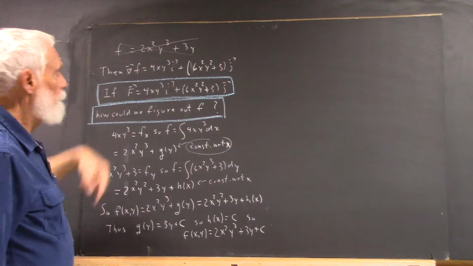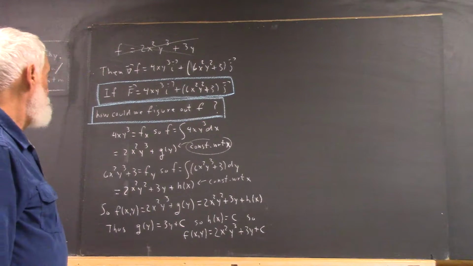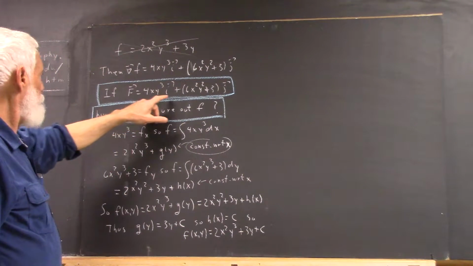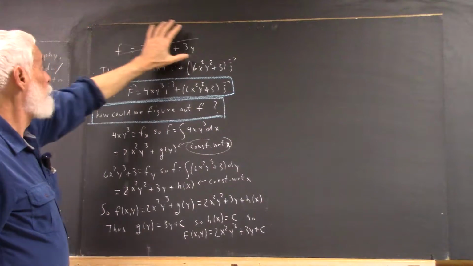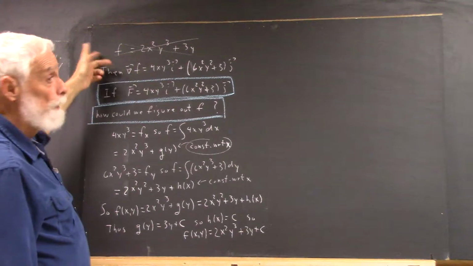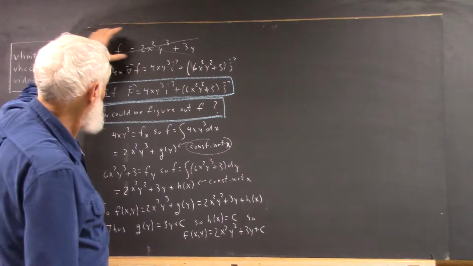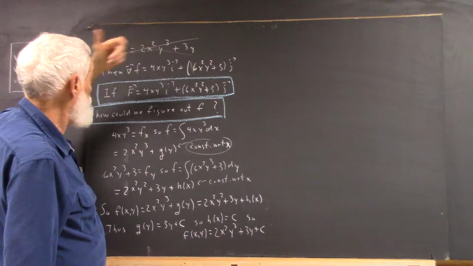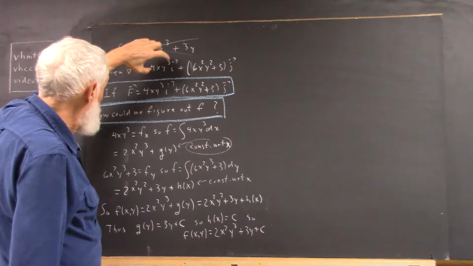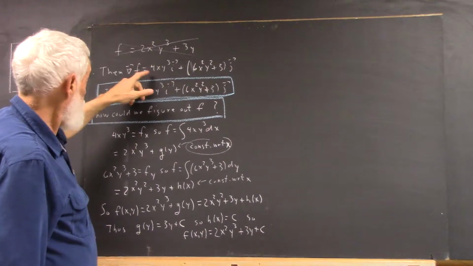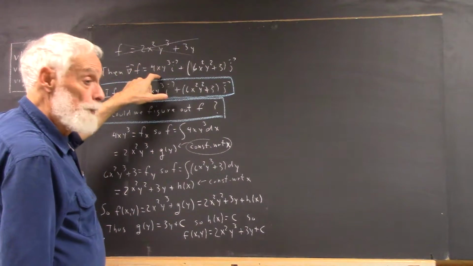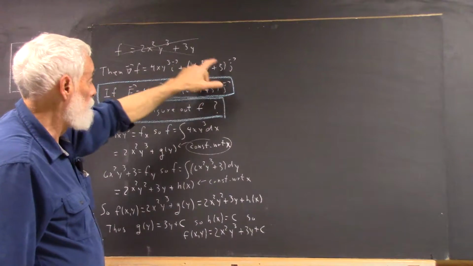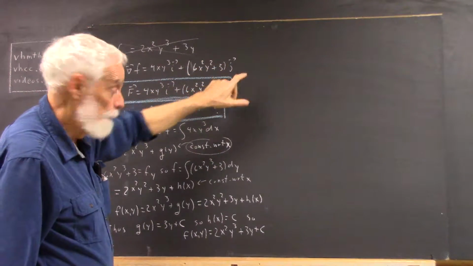Okay, so how do we figure it out? Well, whatever we've got times i is the partial of our potential function, whatever it was. We can't see it anymore because I crossed it out, right? But whatever it was, we know that this has to be its partial derivative with respect to x, because of course the gradient is the partial with respect to x times i plus the partial with respect to y times j.